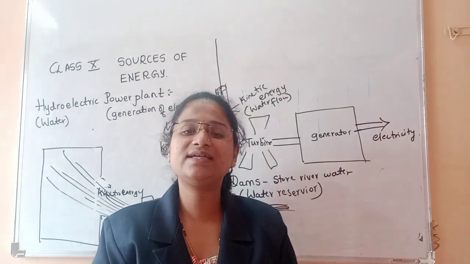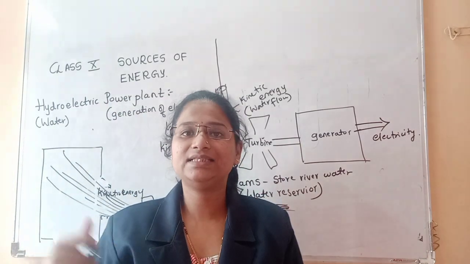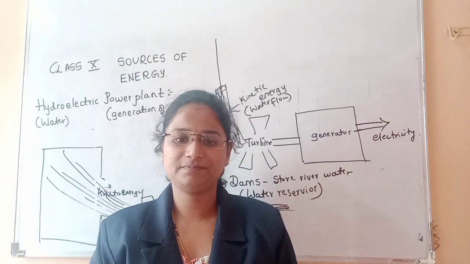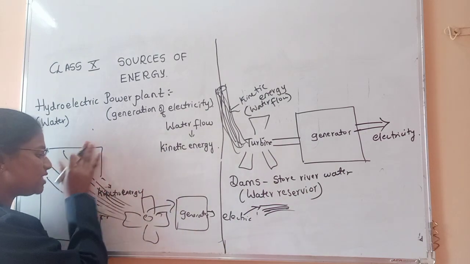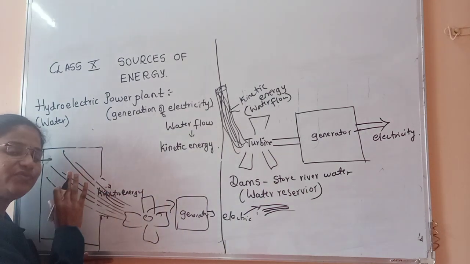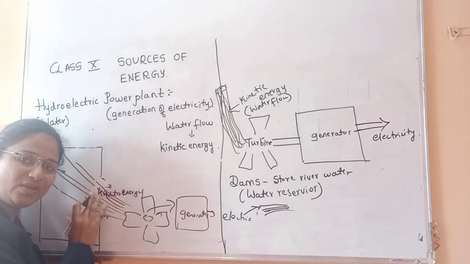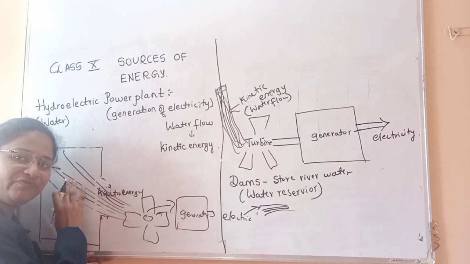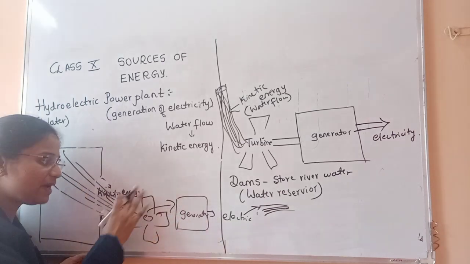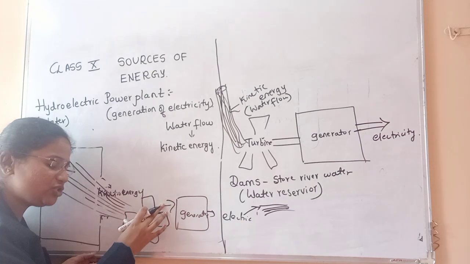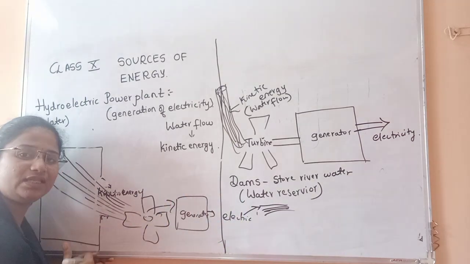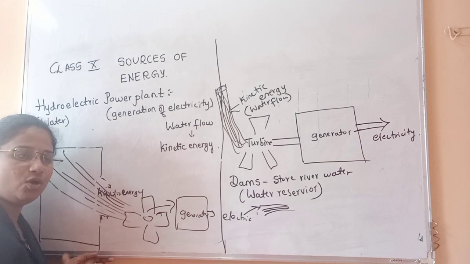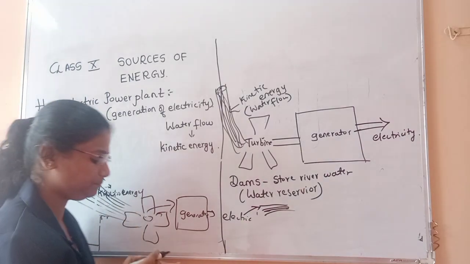This is how electricity is generated in the hydroelectric power plant. The dams are constructed, and from the dams the water gates are opened. When the water flows, the turbine rotates, and the rotation of the turbine causes the generator to produce electricity.